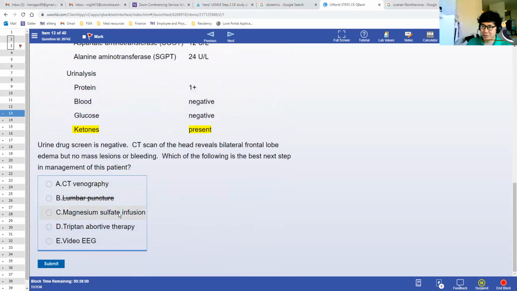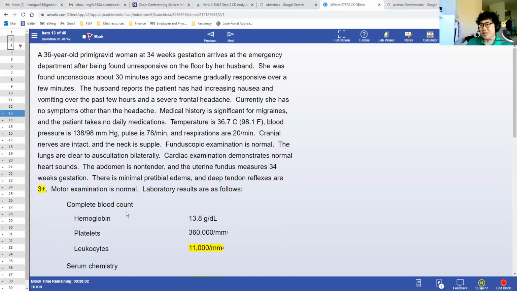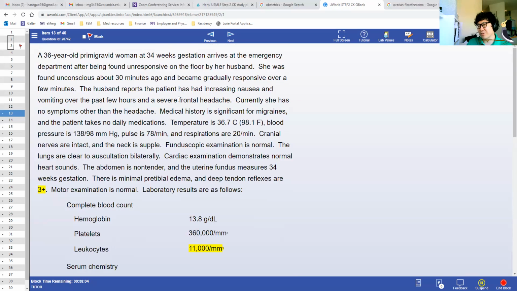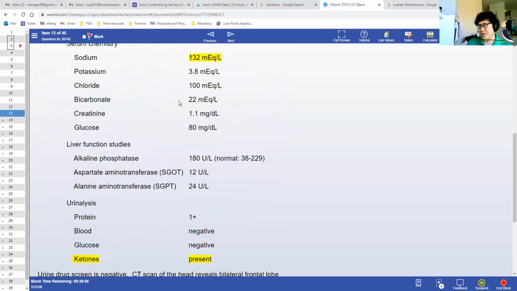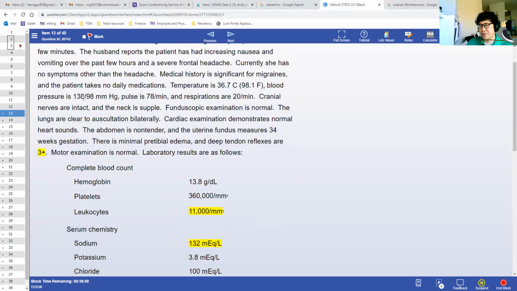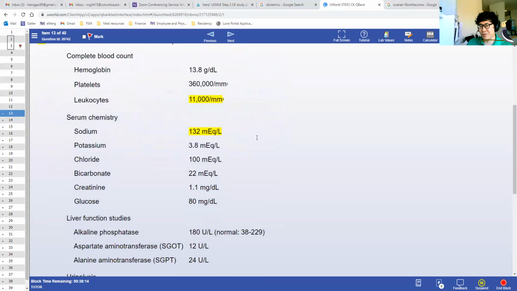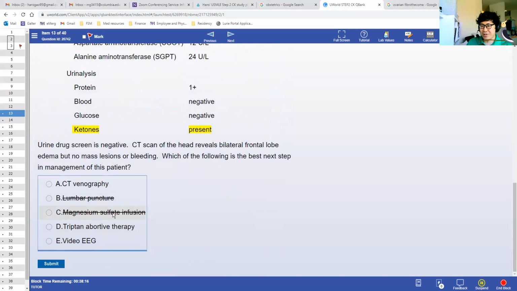Magnesium sulfate infusion. You might do this at 34 weeks. You're not going to do this prophylactically, and her pressure is not super high. She doesn't have preeclampsia. Yeah, I wouldn't go there. You might do it in real life. You might just give this just because, but yeah.